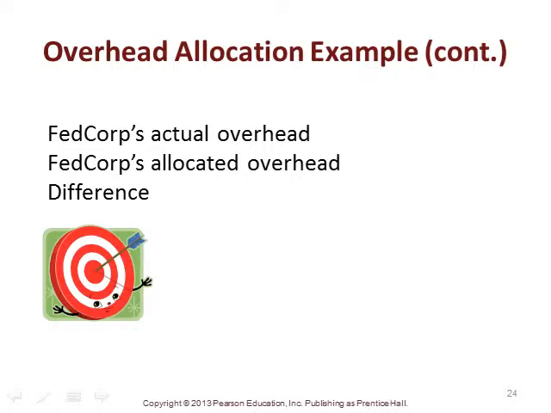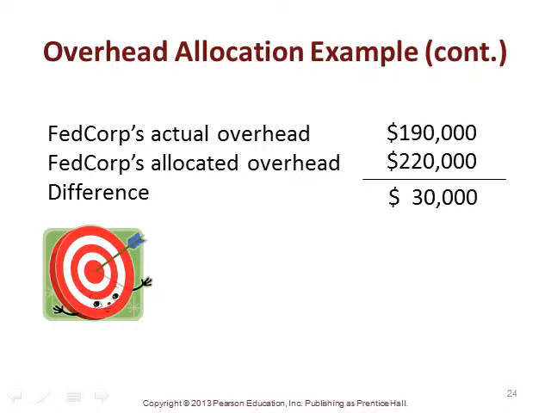We need to know what FedCorp's allocated overhead was, and the difference between those two becomes our over or under allocated manufacturing overhead. So their actual overhead was $190,000. What we allocated that we just talked about, $20 times 11,000 hours, was $220,000, which gives us a difference of $30,000.